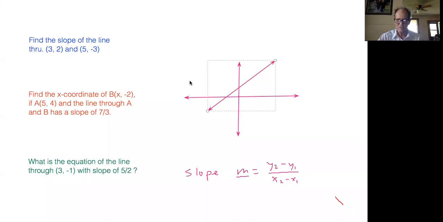In a graphing situation, this is the vertical axis, that's the y-axis, and this is the x-axis, the horizontal axis.